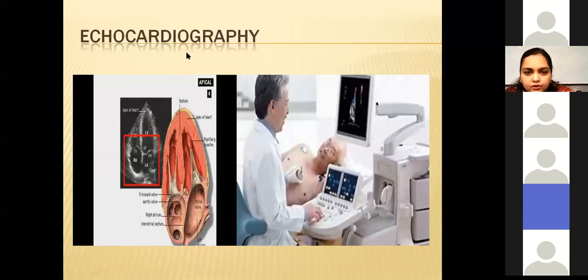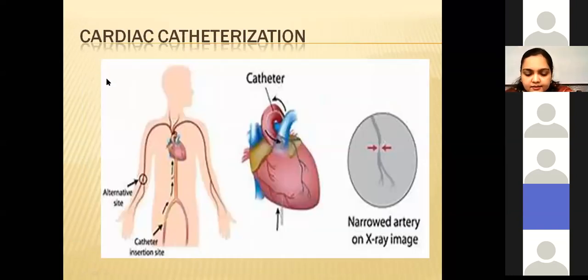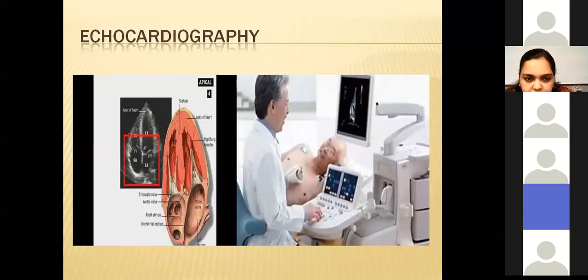Now echocardiography and cardiac catheterization. What are these? Echocardiography is simply a method to record the position, motion and circulatory function of the heart by passing a beam of ultrasonic waves, and the circulatory function of the heart can be easily identified.